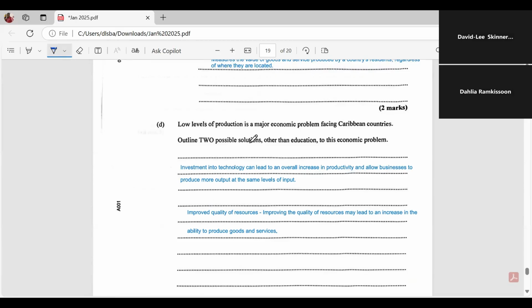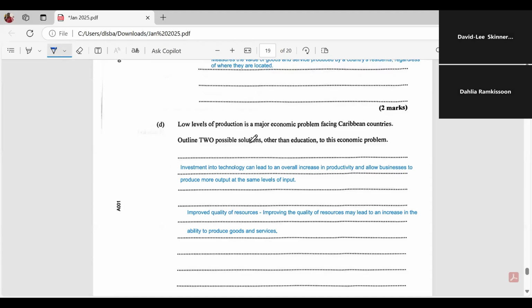Right? If you have better resources as well, so the raw materials you use are better quality, you get more out of it than you would have before. That could also lead to an increase in the production of goods and services.